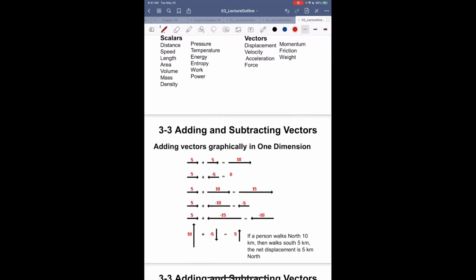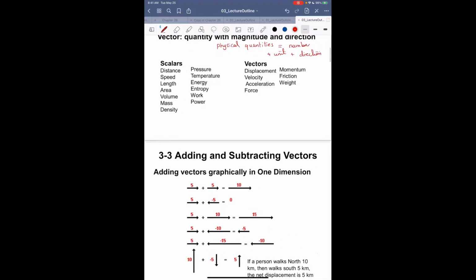Now, before I go over adding and subtracting vectors, I want to tell you that usually we represent a vector with a segment that has a length. If it is, let's say, a 6 meter displacement, then I'm going to have that segment, and there should be a map scale that I use, and the head, or tip, is going to show the direction.